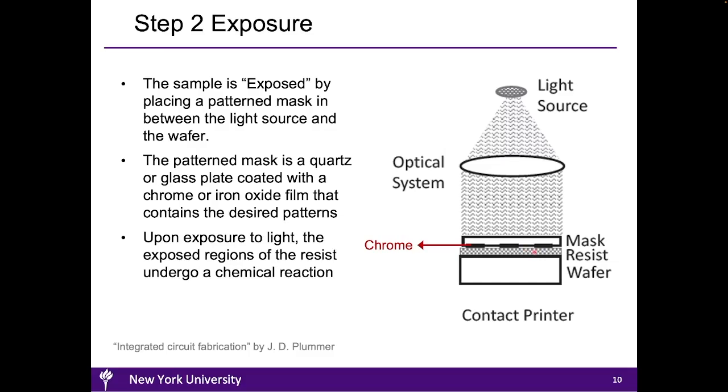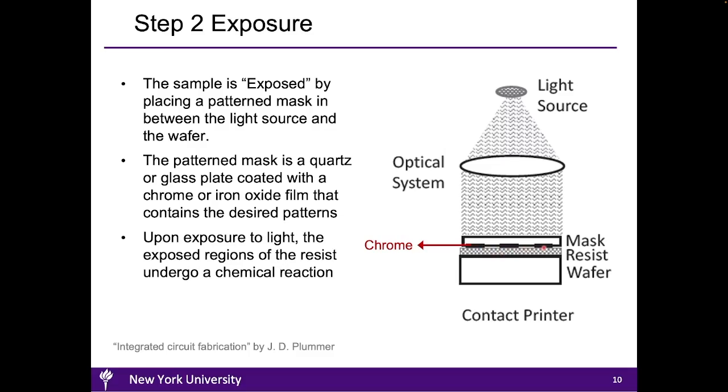The next step is to use an exposure system to transfer the image on the photomask onto the wafer. A photomask is typically made of quartz or lime glass. The glass mask is coated with an optically opaque material such as chrome or iron oxide. The design patterns are created permanently into the chrome film, shown as black rectangles here. The mask is placed in between the light source and the wafer, with the chrome side facing the wafer.